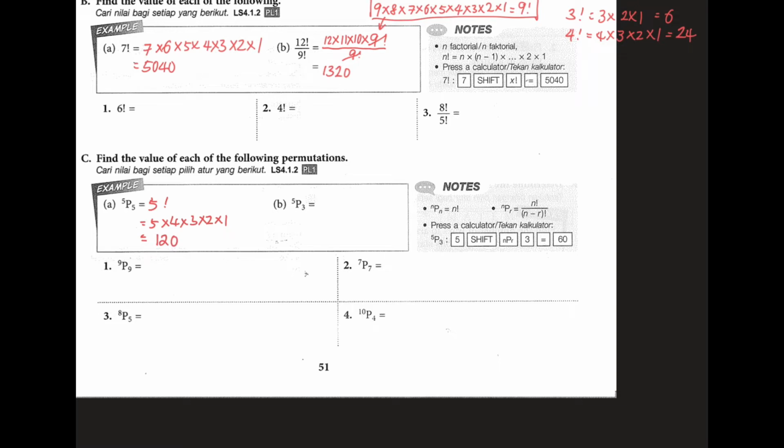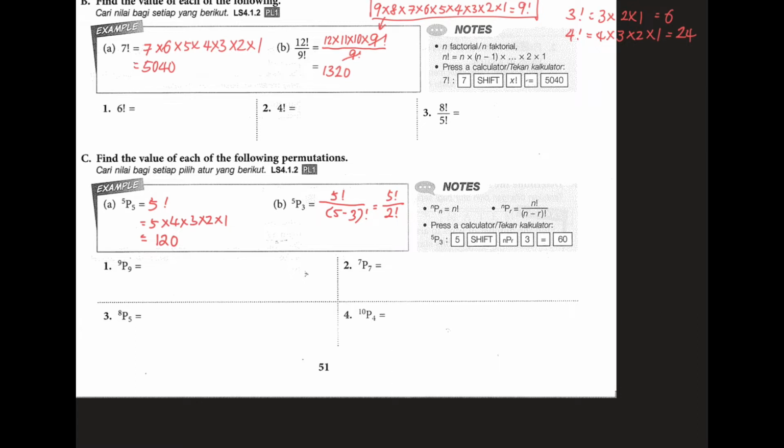5P3. It is 5 factorial over 5 minus 3 factorial, so 5 factorial over 2 factorial. You can use the same way as in part B. The top one you expand a little bit until you can cut with the bottom one, then it is fine already.